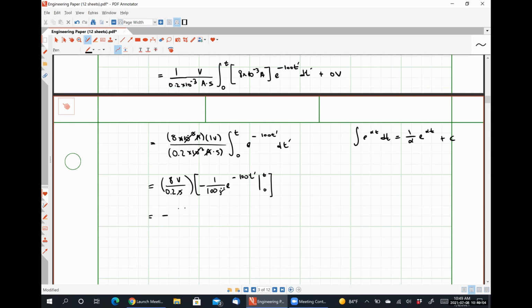So now we have negative 8 volts over, let's see, 0.2 times 100 would be 20, e to the minus 100t minus e to the 0.